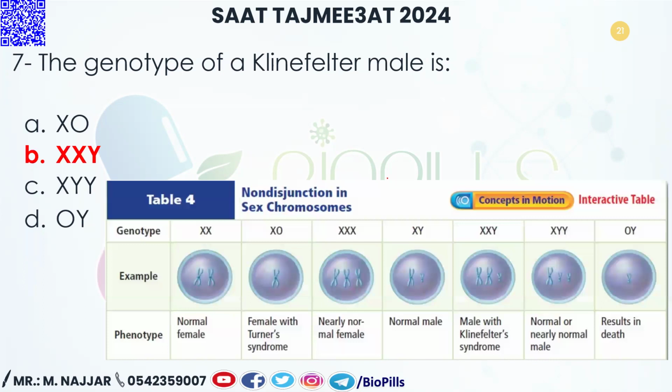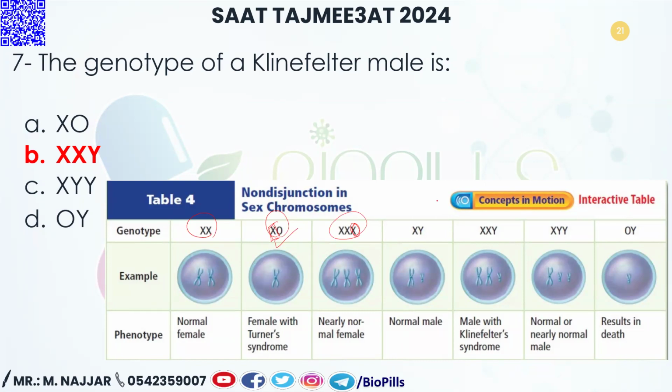If you have a look here, XX is normal female, XO is Turner. Wherever there is X, because X is the chromosome of life, the individual will live. XXX, she is a female, nearly normal, but has extra female sexual characteristics.